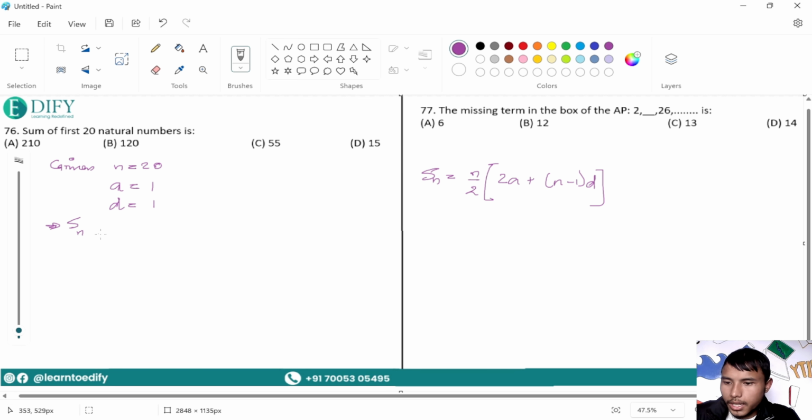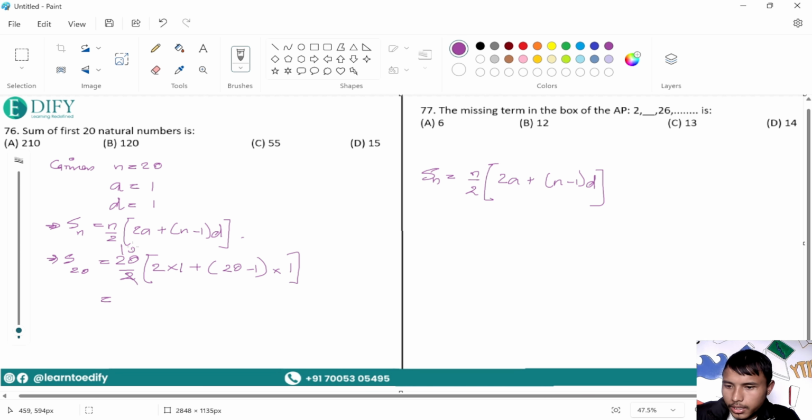We can use the formula: Sn is equal to n by 2 times 2a plus n minus 1 d. So S of 20 is 20 by 2 times 2 into a, which is 1, plus n, which is 20, minus 1, times the common difference 1. Solving, we cancel: 10 times 2 plus 20 minus 1, which is 19, and 19 into 1 is 19.